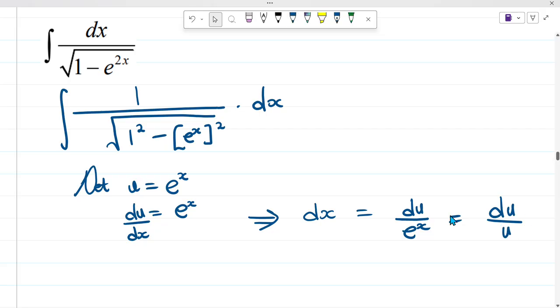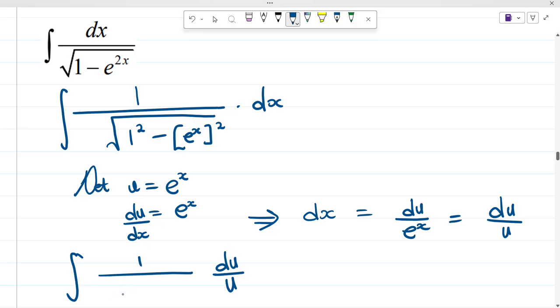So now I'm going to rewrite this question in the form of u so that y'all can get convinced of what is happening. So dx is equivalent to du over u. Where there is dx, I'm going to write du over u, you understand?